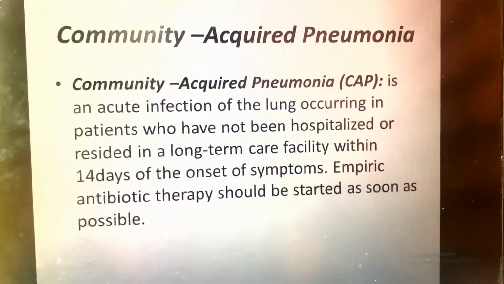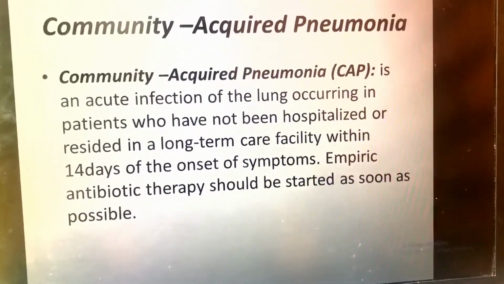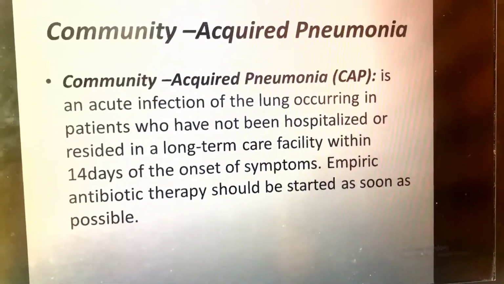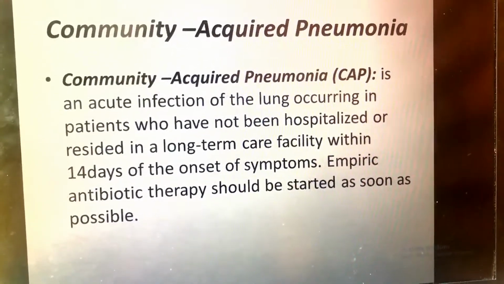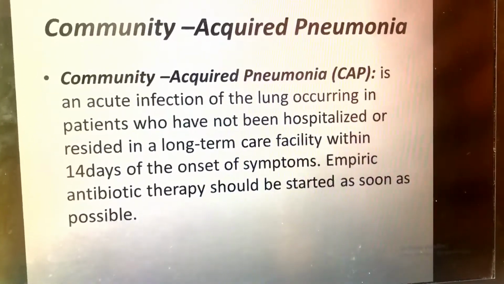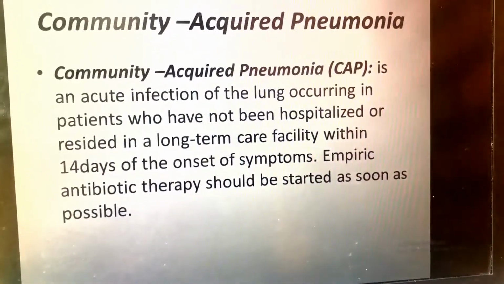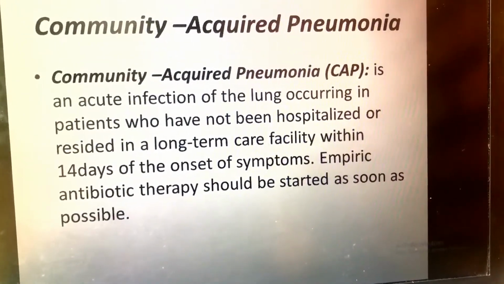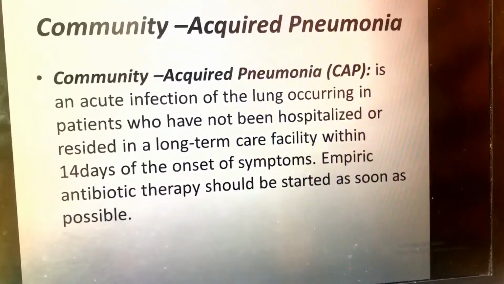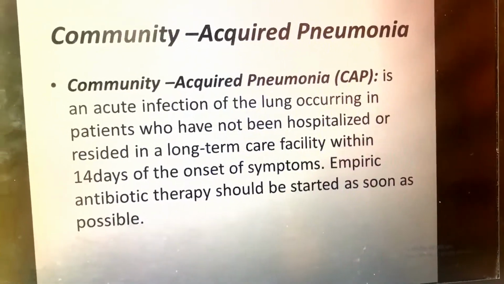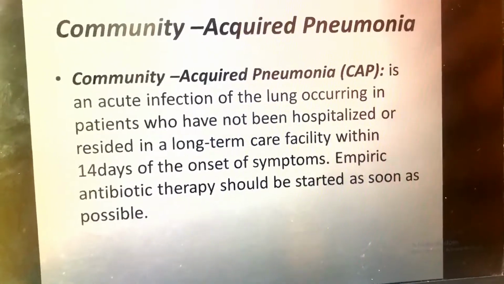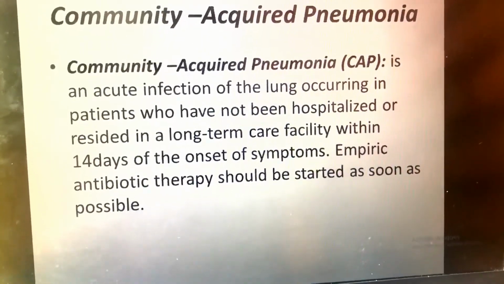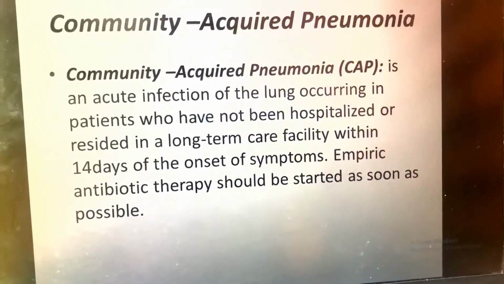This is usually a patient who develops the signs and symptoms of pneumonia but has not visited or been hospitalized in the hospital within the last 14 days of the onset of the symptoms. Community-acquired pneumonia means the client has been affected by pneumonia in the community.